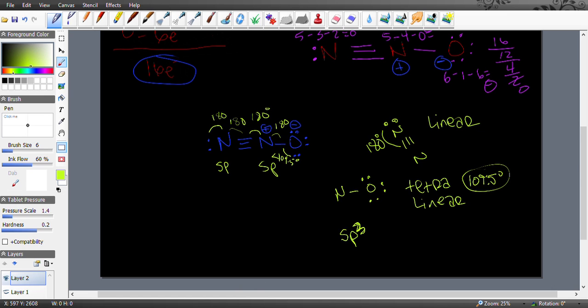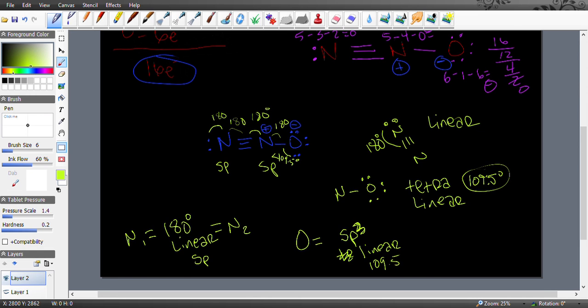So for nitrogen it equals 180 degrees, linear, sp, which equals nitrogen 2 as well. And then for oxygen, it's going to be sp3. It's still linear for the molecular geometry, and then 109.5 degrees. And that's that.